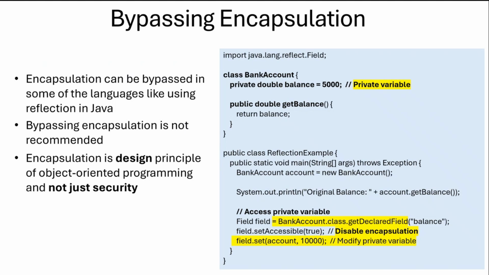So encapsulation is more around using the right design principle, right? And that is what object oriented programming is trying to enforce on us, to follow this best practice, right? It is not just for security, where we are just applying different access levels for making data secure, right? It's more around the design part also.